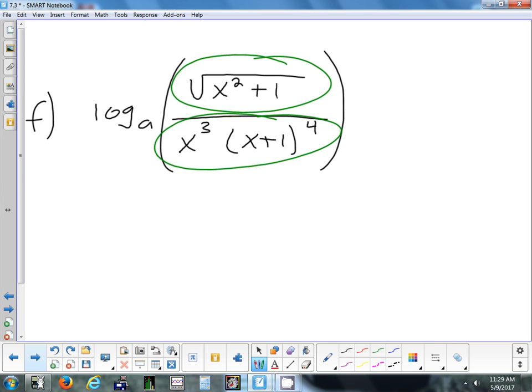Subtraction. Okay. So write down log of the top minus log of the bottom. And what we're doing now is we're taking this complex problem and we're going to split it into smaller problems. So now we have log of the top minus log of the bottom.